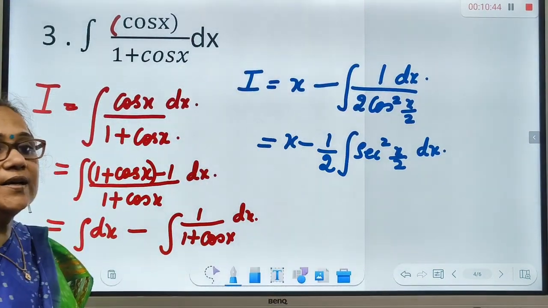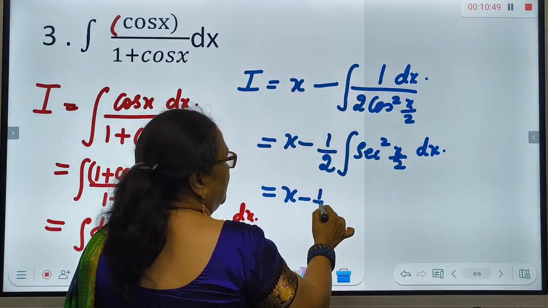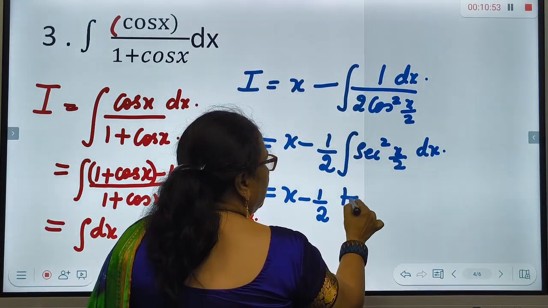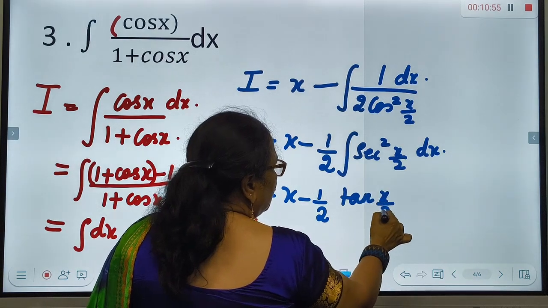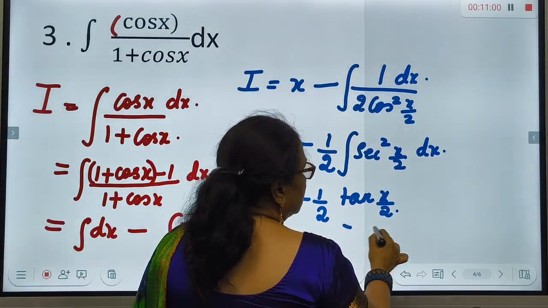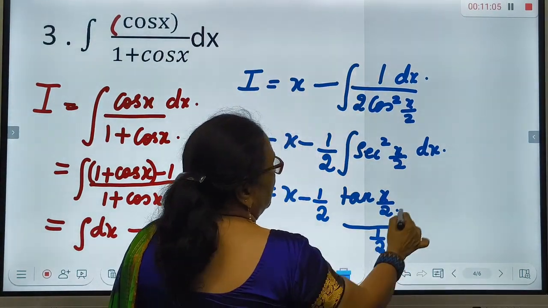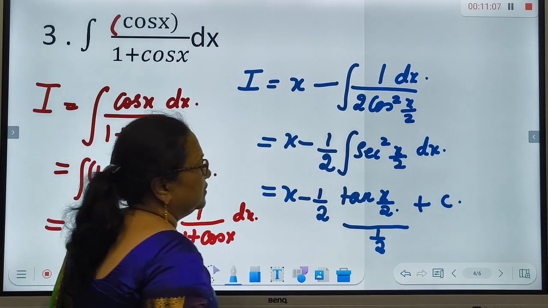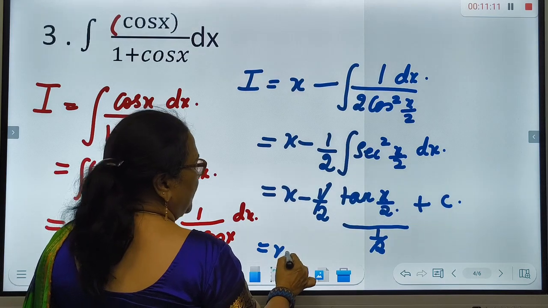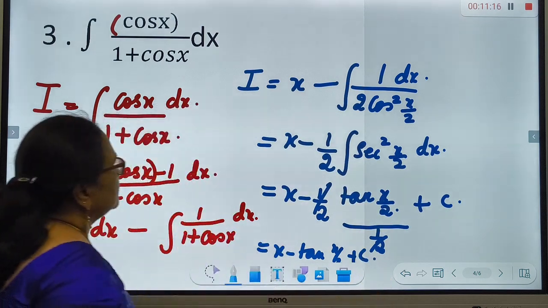Integral of secant square theta is tan theta. So this will be x minus half into integral of secant square x by 2 will be tan x by 2. Since the coefficient of x by 2 is half, and since this is integration, which is the inverse process of differentiation, I am dividing by half, plus c. This half gets cancelled, giving you x minus tan of x by 2 plus c.